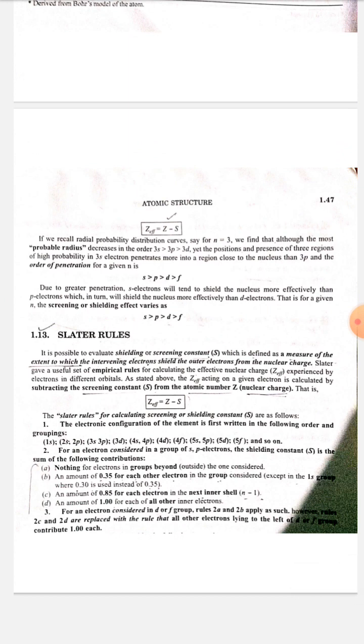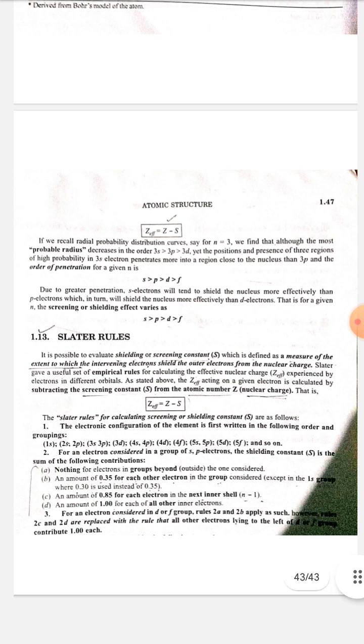Z effective = Z − S. If we recall the radial probability distribution curve, say for n = 3, we find that although the most probable radius decreases in the order 3s > 3p > 3d, yet the 3s electron, with its region of high probability, penetrates more into a region close to the nucleus than 3p, and the order of penetration for a given n is s > p > d > f.